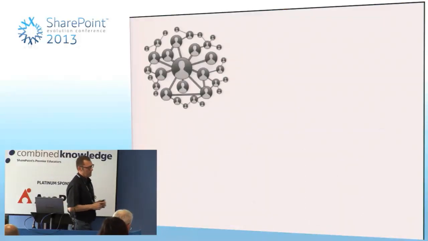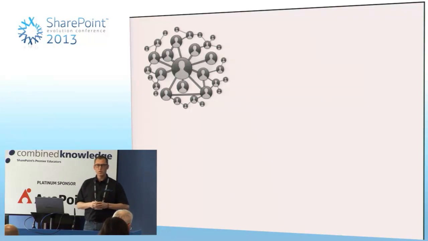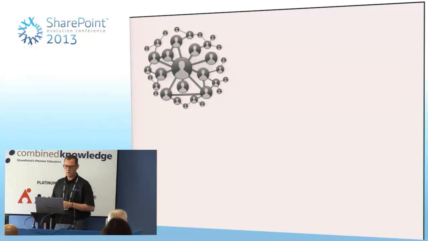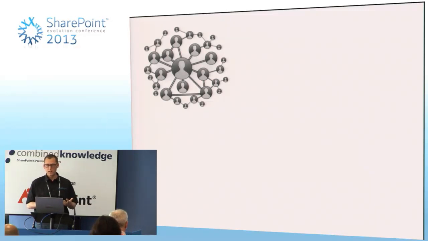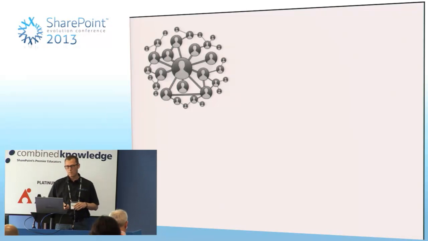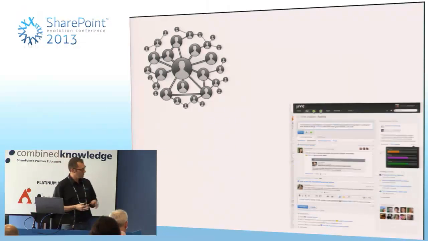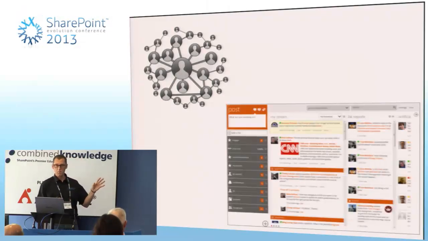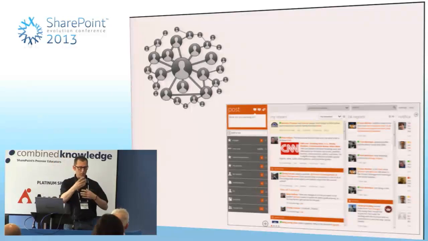What you see is that most of the social solutions and business solutions consist of a couple of things. One of them is, of course, the graph, the network that we build with our colleagues and expand by using those tools. Probably most of them also have some sort of activity stream, a place where you see information passing by.